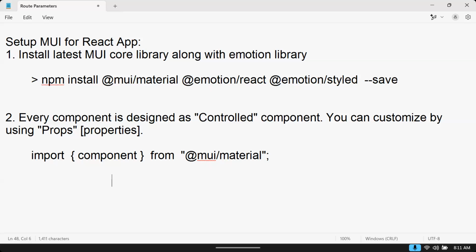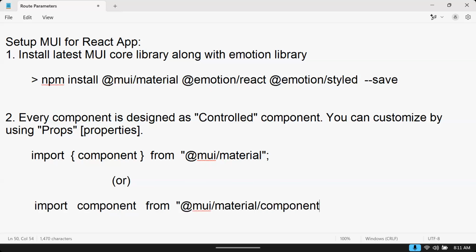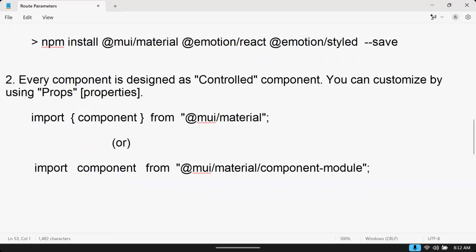The advantage of the first one is you can implement multiple components. Or another technique is to import the component from MUI Material, using the component class. That is, the component module. We have to import the component module. What is the difference between the first and second?